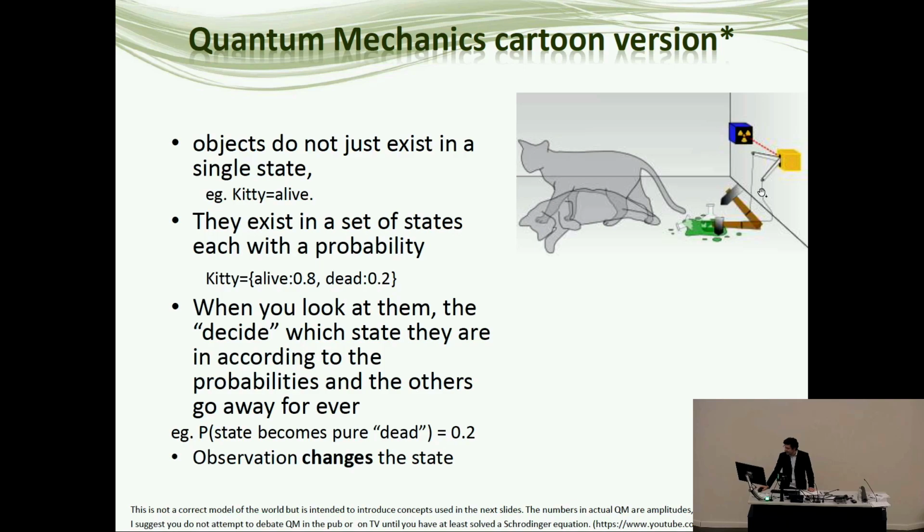The detector is attached to a hammer, and the hammer smashes a glass full of poison liquid or poison gas, which in turn kills the cat. Okay? And in theory, if you are standing outside the box and you have sealed the box fully, not only do you not know whether the cat is alive or dead at a point in time, but it does not have any meaning to describe the cat as being alive or dead.